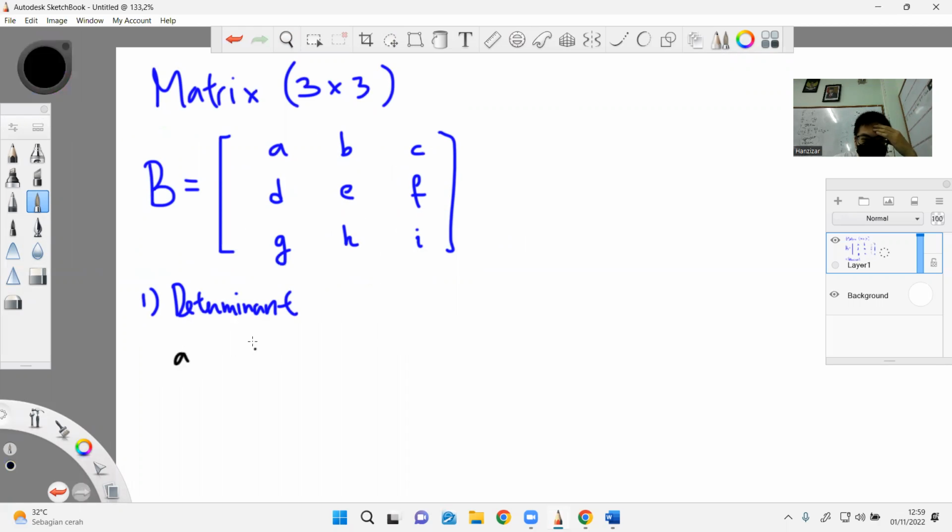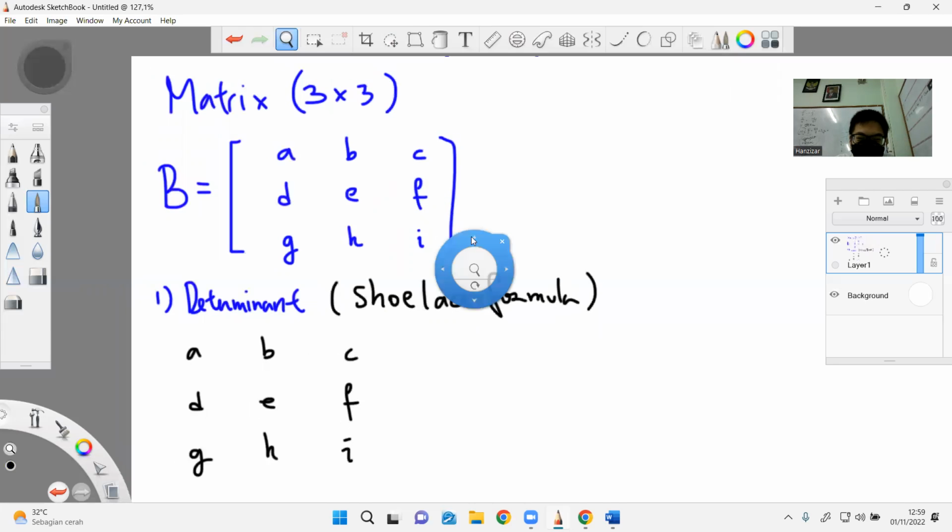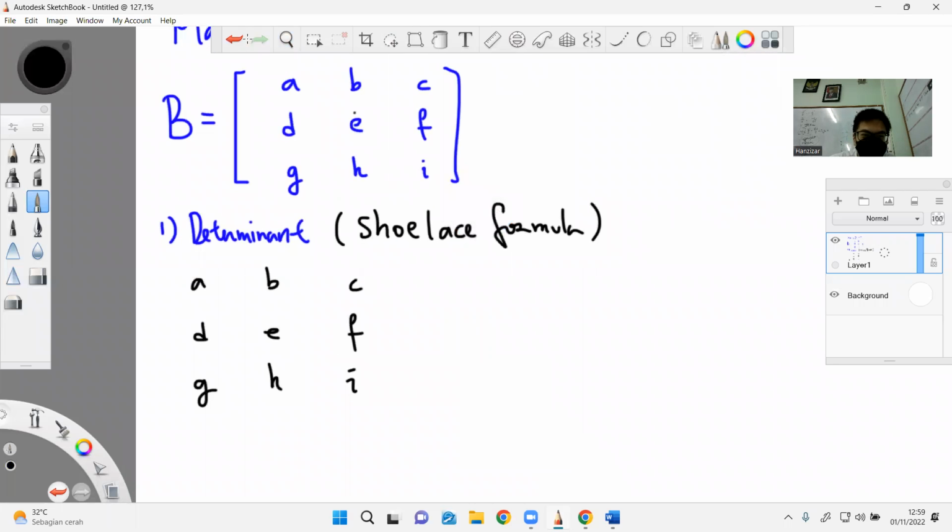So A, B, C, D, E, F, G, H, I. I am using the shoelace formula. What is shoelace? Tali sepatu. I just rewrite the determinant, and then I need to put another extra two columns. This is the way they do.